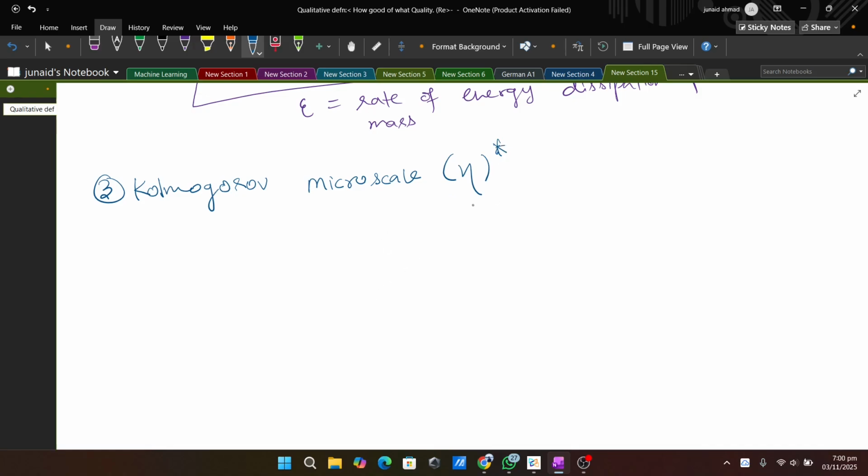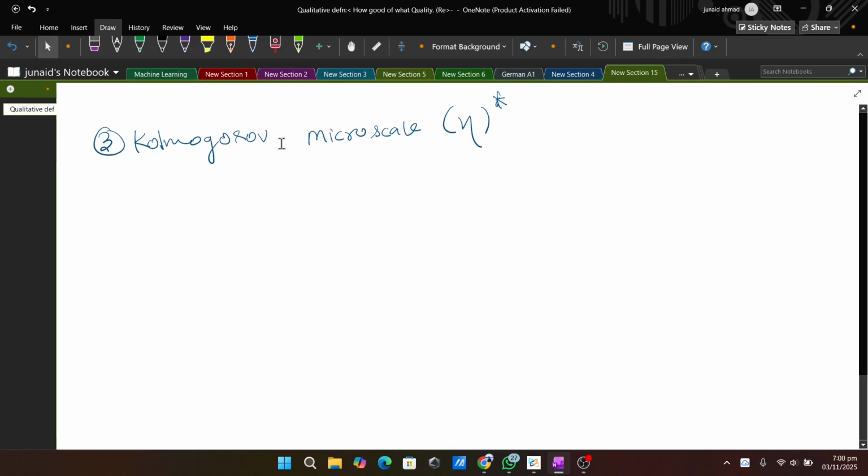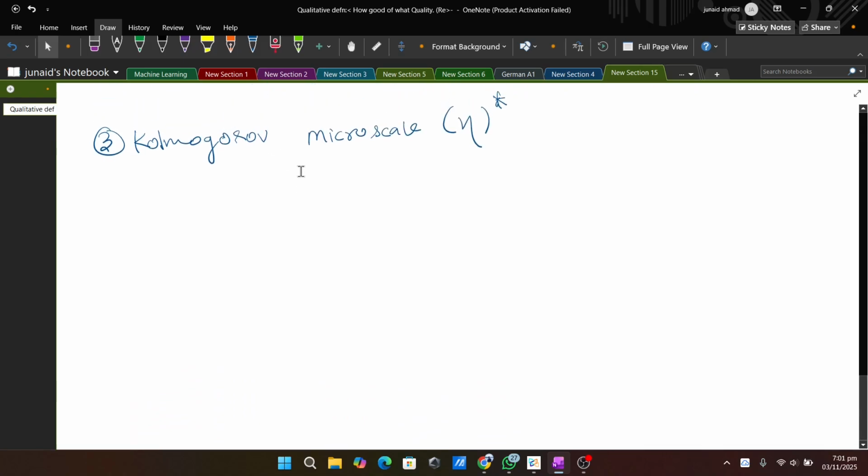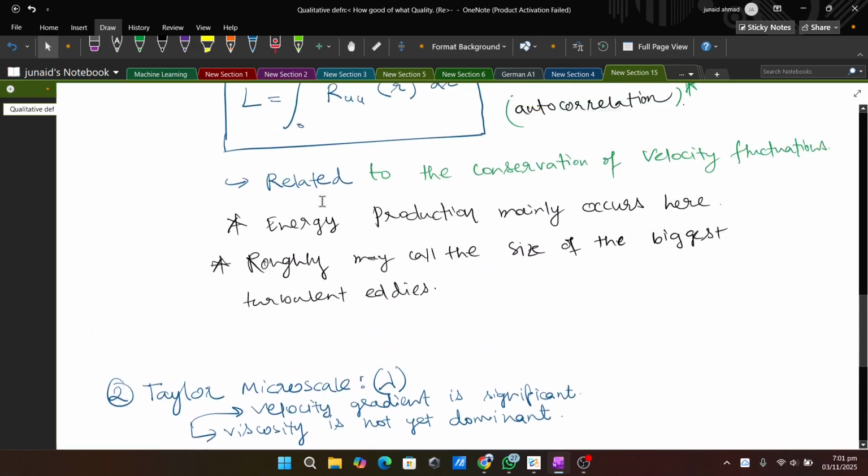Okay, and we are going to talk about those things. What is the Kolmogorov microscale? This is the smallest scale of the turbulence where the viscous effect is already taking over the inertia effect.